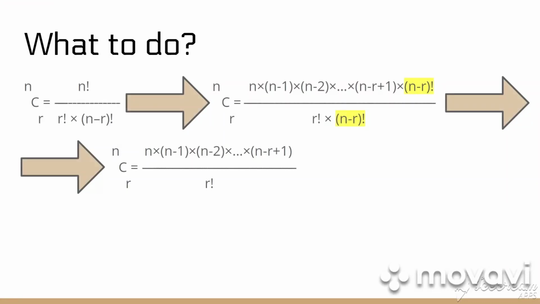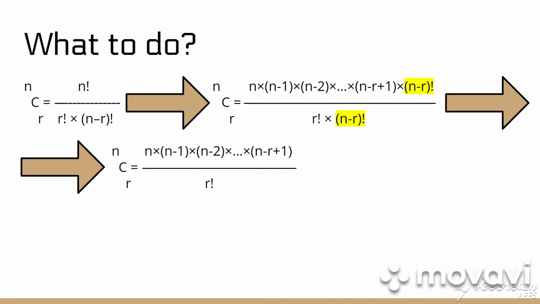So what to do? We just need to use the combinations formula, which is equal to n factorial divided by r factorial multiplied by (n minus r) factorial.